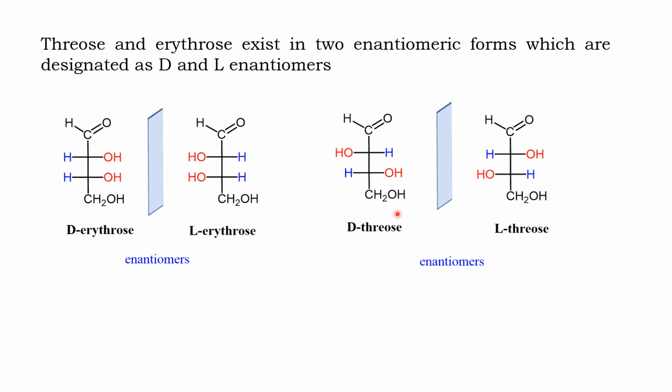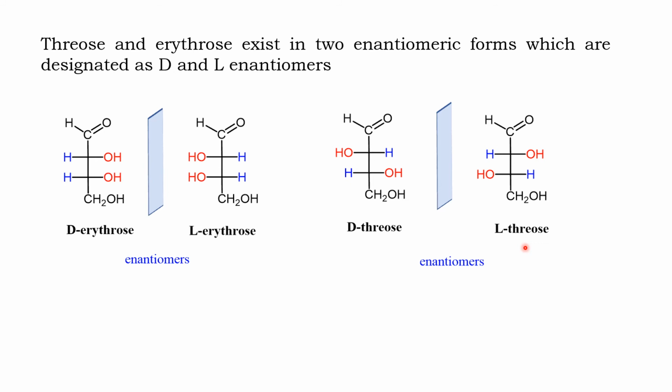See here, molecules 3 and 4. The OH groups are on the opposite side. For the second and third asymmetric carbon atoms, the OH groups are on the opposite side. Since the OH groups are on the opposite side, they are called threo. So I have 4 isomers. 2 are erythro and 2 are threo.